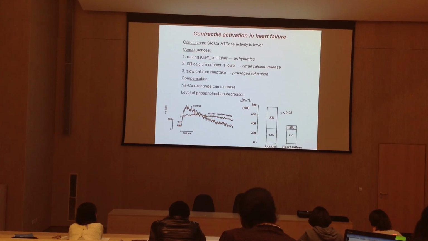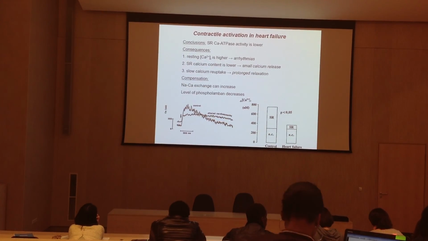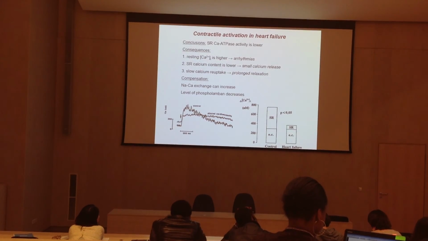What kind of attempts were made to improve this situation? The first idea was that if we increase the sodium-calcium exchanger, we can remove the calcium faster from the myoplasmic space and improve the situation. Not too much happened. And the second was that phospholamban inhibits the calcium ATPase.